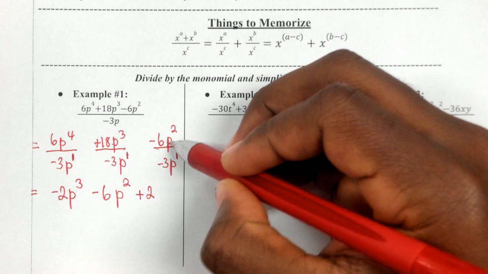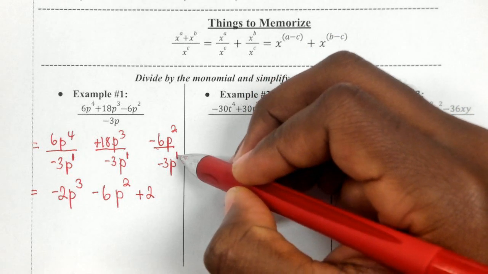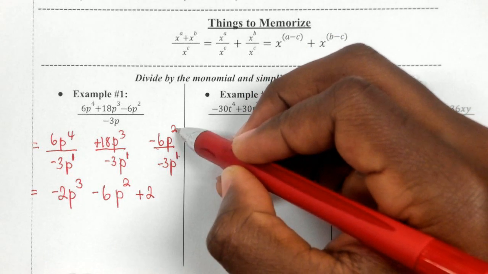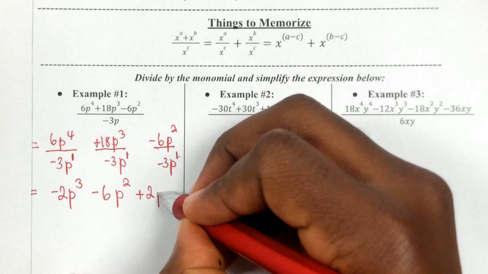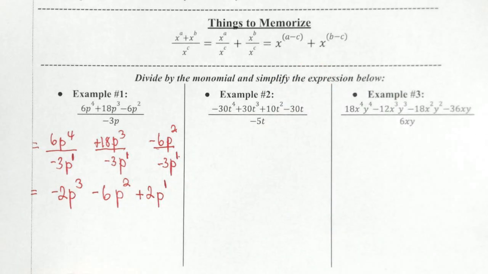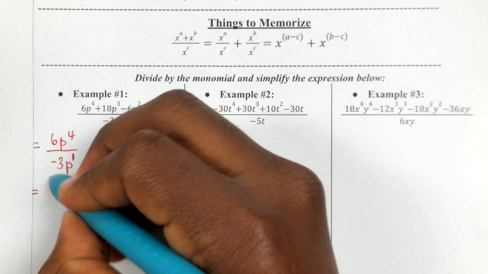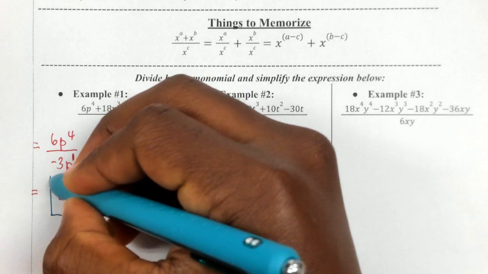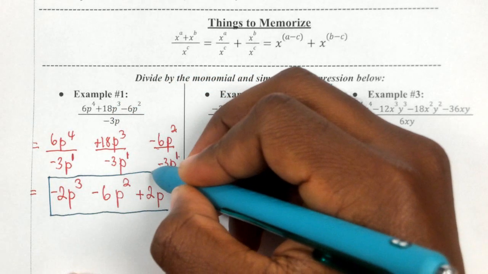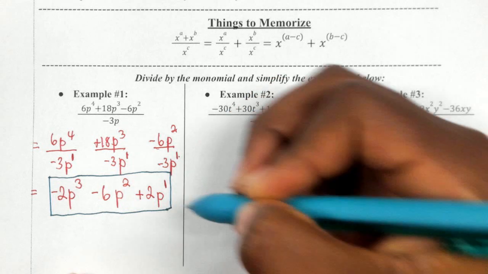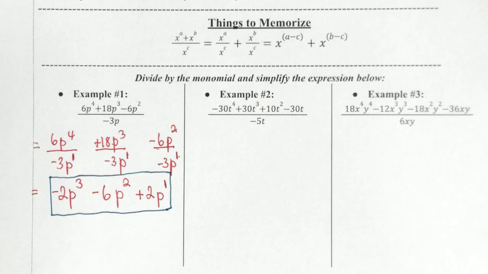I have 2 p's up here, 1 down here, so 2 take away 1 leaves me with 1. And this is my answer. Hopefully a lot of you are getting really good at this so that you could even calculate something like this in your head.